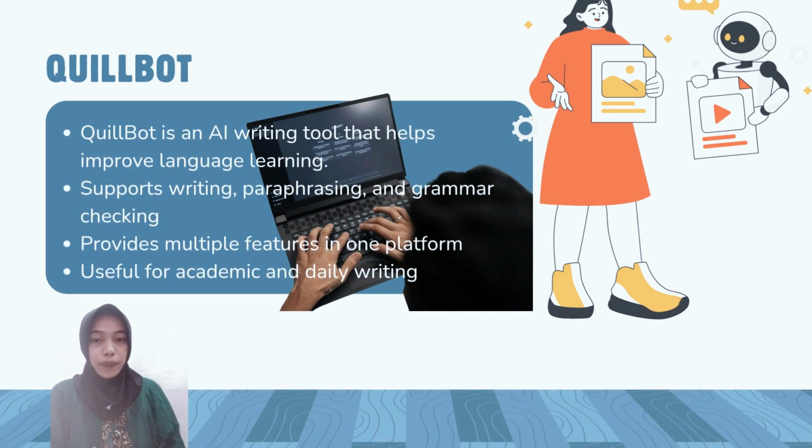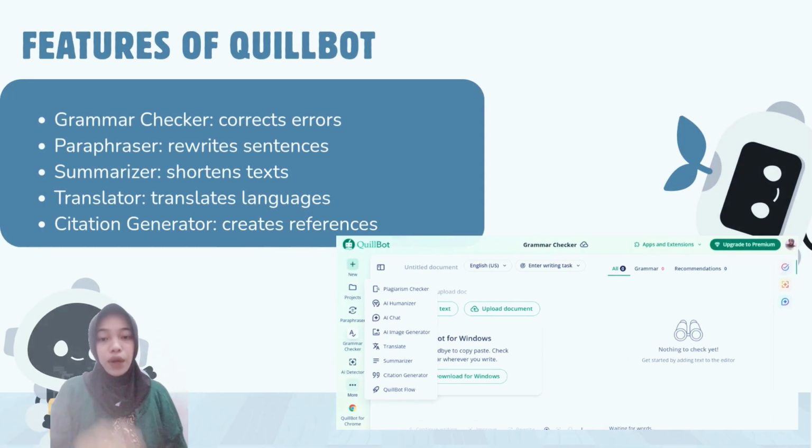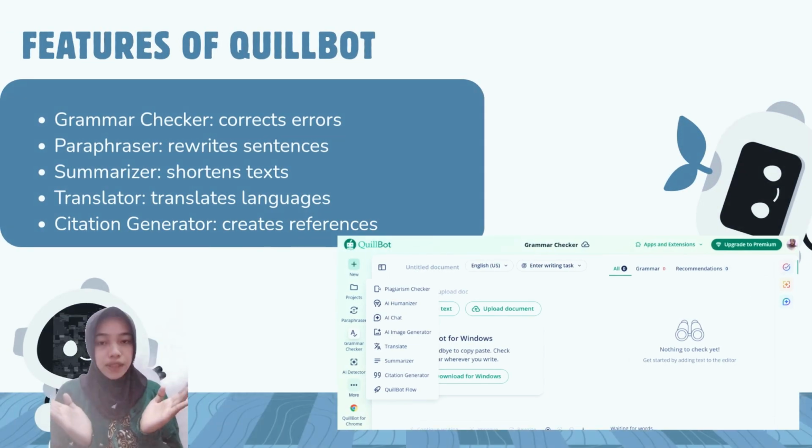Okay, next is Quillbot. Quillbot is an AI writing tool that helps students improve their writing skills. It provides several useful features and is easy to use, especially for language learners. As you can see in the screenshot, Quillbot has several features.